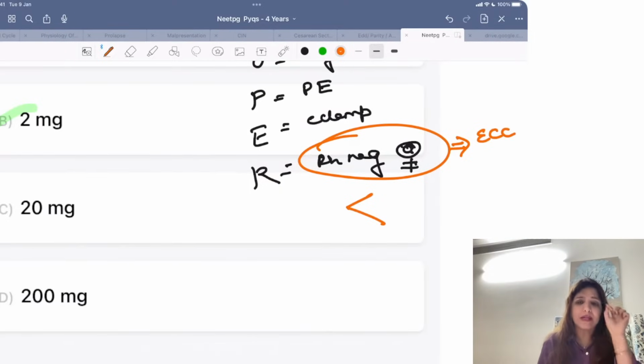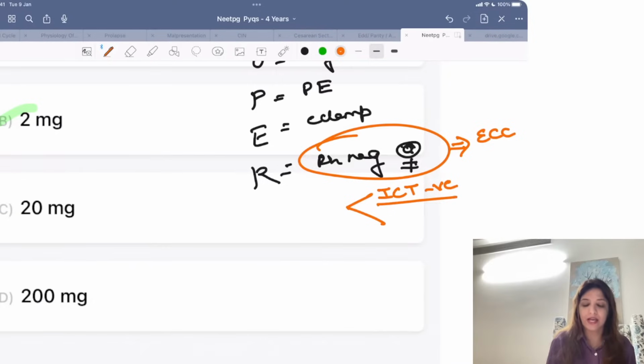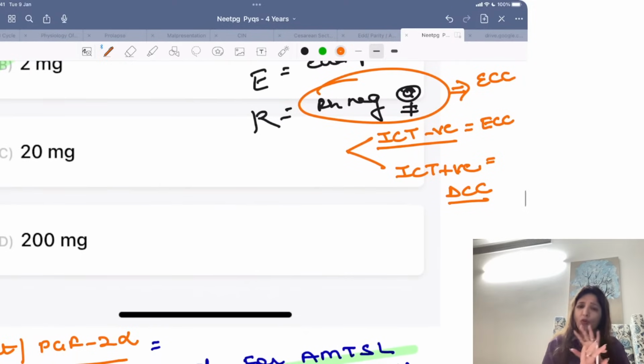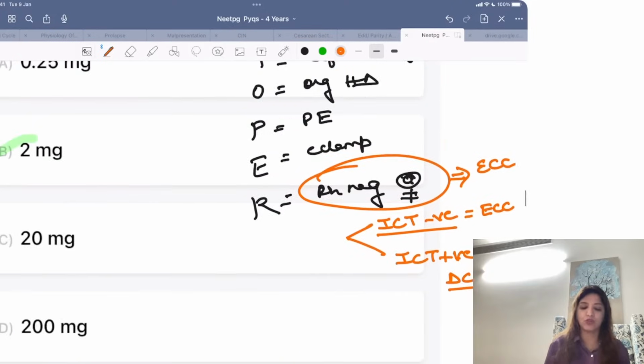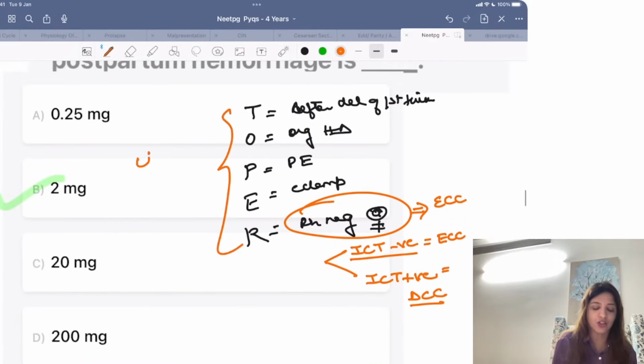But if it is particularly asked that in an RH negative pregnant female, indirect Coombs test is negative, or indirect Coombs test is positive, then in indirect Coombs test negative, you go for early cord clamping. In indirect Coombs test positive, you go for delayed cord clamping. If the overall blanket question comes, with nothing given about indirect Coombs test, then you are going to say in RH negative, we go for early cord clamping. So these are all contraindications for methyl ergometrin.